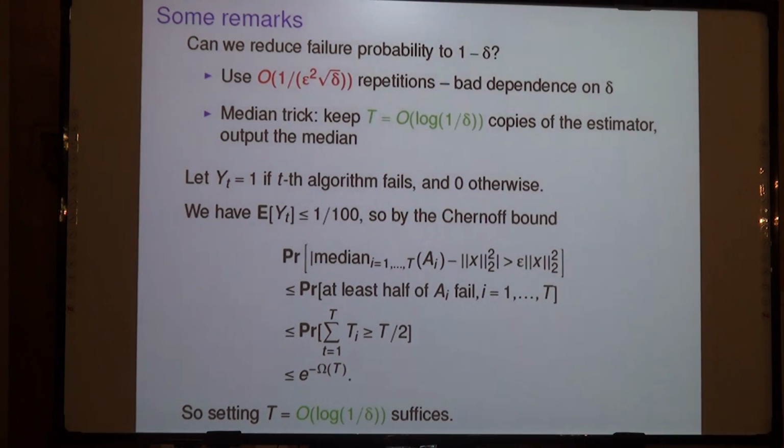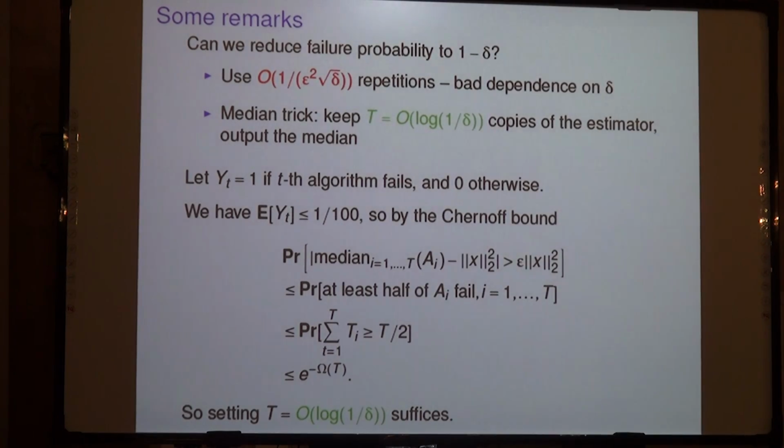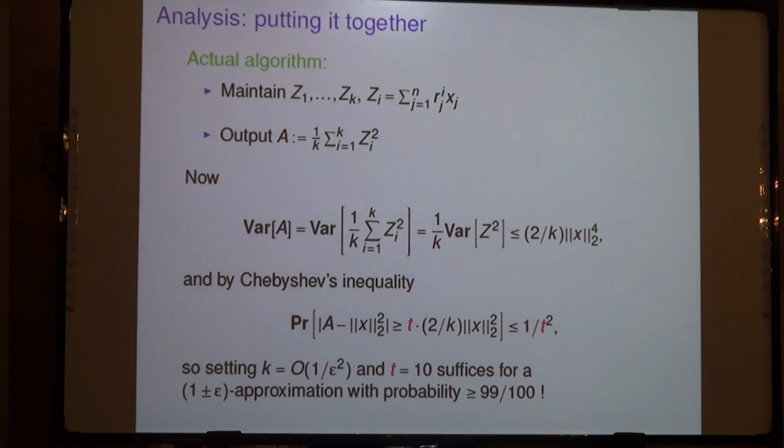Questions? Could you actually show the red part once again? So if we would like to reduce the failure probability, I have a typo here. This should be root k, right? This is like the root of the variance.